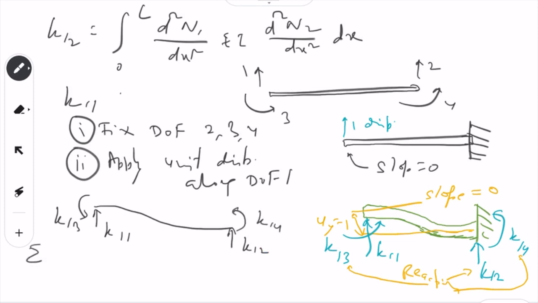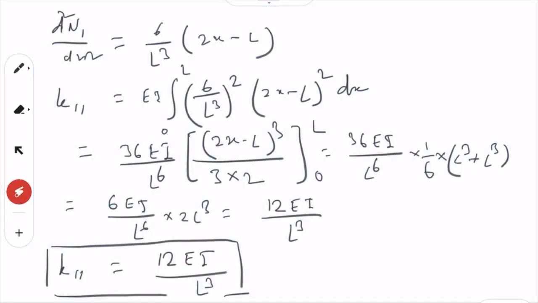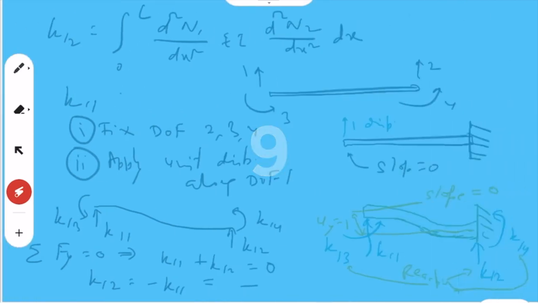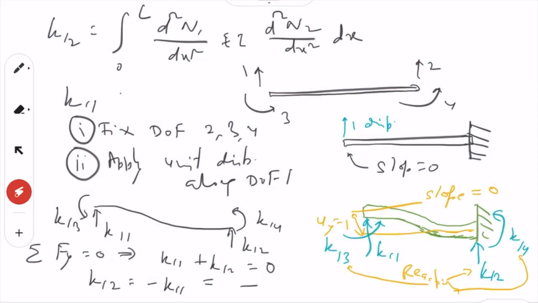You know that the summation of forces in the y direction will be 0, hence K11 plus K12 has to be equal to 0, and hence K12 equals minus K11, which is minus 12 EI over L cube. So based on the definition of the stiffness, K12 equals minus 12 EI over L cube.